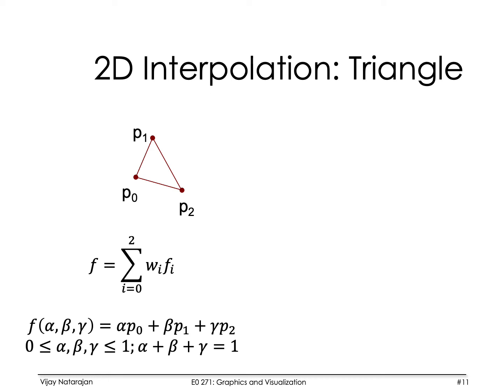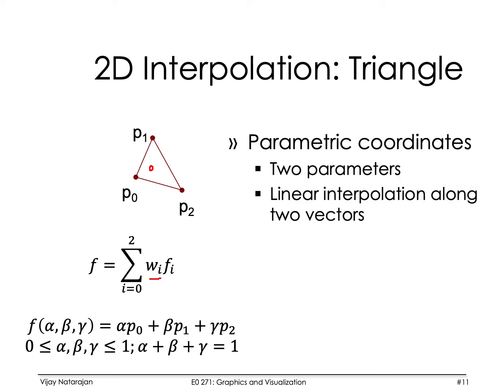F is the piecewise linear function that you obtain by sampling at the different vertices of a triangle mesh. We assign different weights wi to every vertex, and so f at a point in the interior of the triangle is essentially the weighted sum of the function values at the 3 vertices 0, 1 and 2.